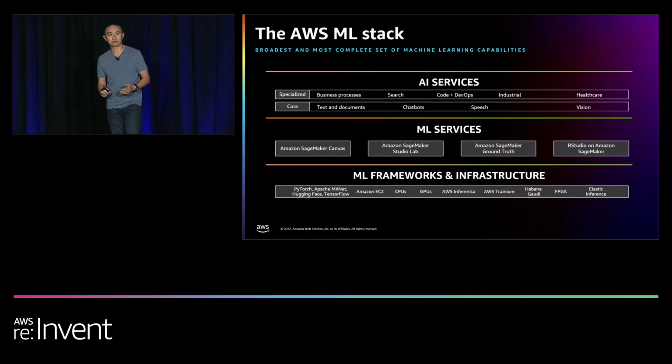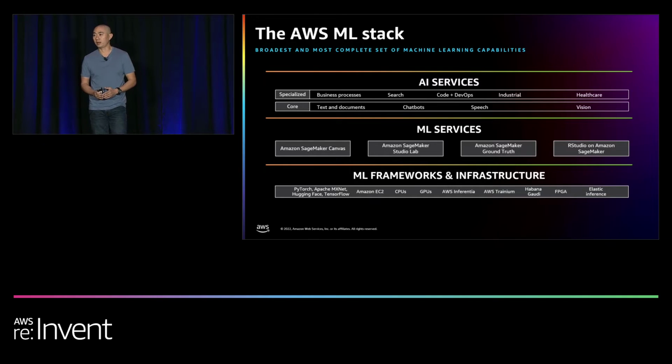And we have built the broadest and most complete set of machine learning capabilities for builders of all levels of expertise. If you are a business analyst or apps developer with limited machine learning skills, you can still build intelligence in your applications by using AWS's managed AI services.